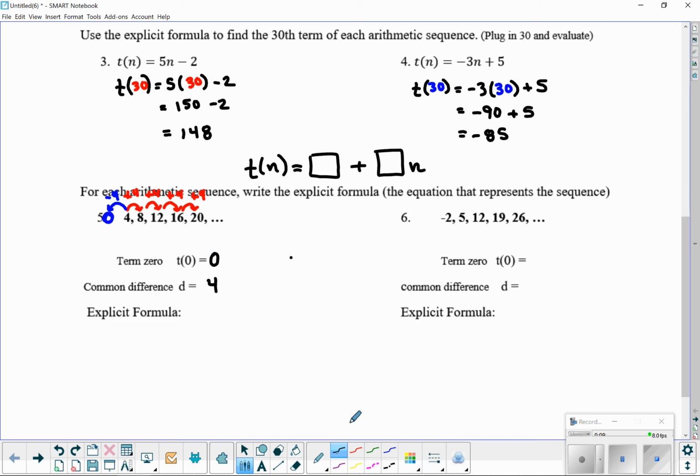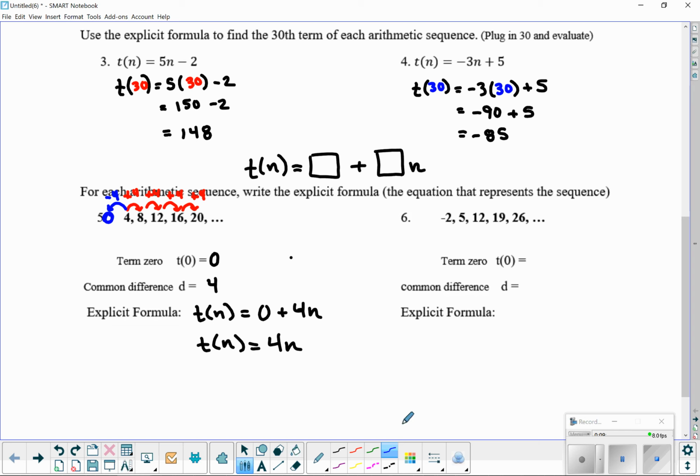Our explicit formula is going to be T of n equals 0 plus our common difference, 4n. We can write this as T of n equals 4n. We don't need to write the 0 because it doesn't actually need to show up.